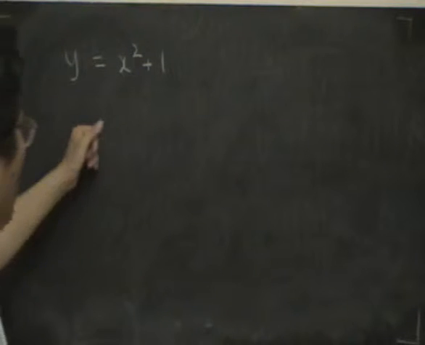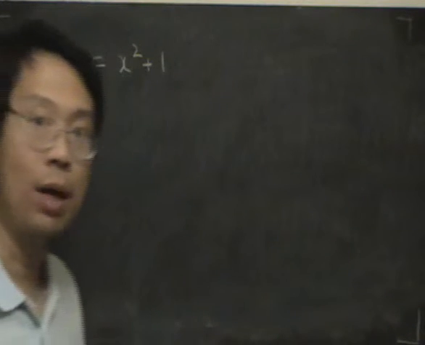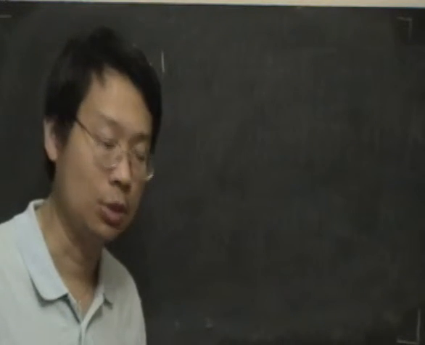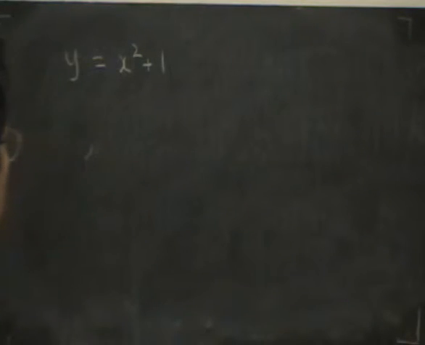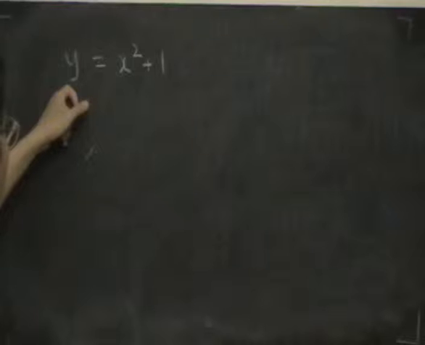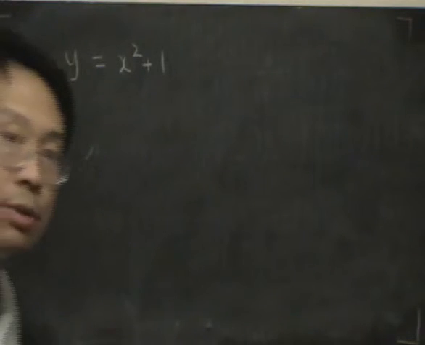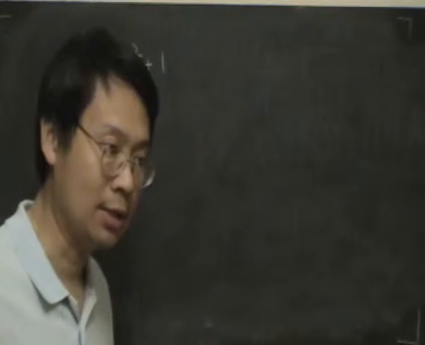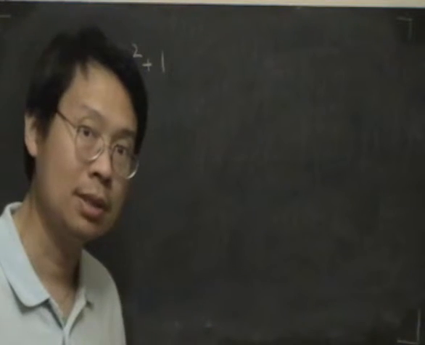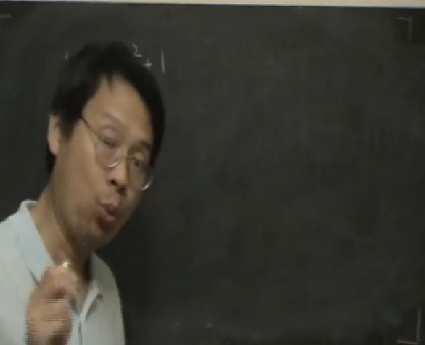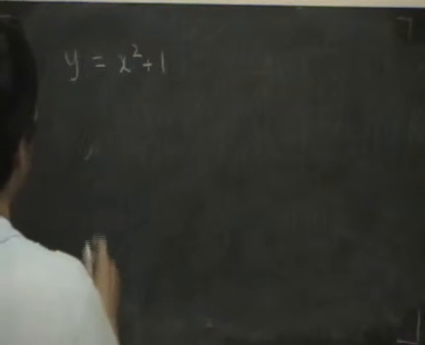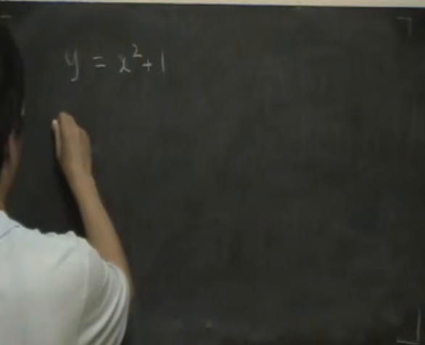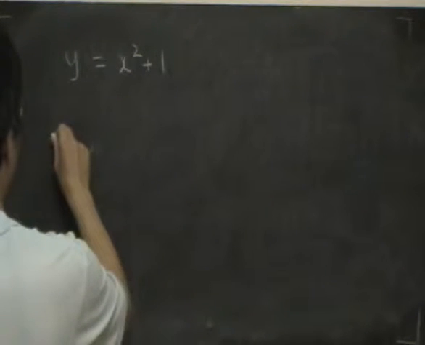The way I can plot a straight line graph of this equation is that instead of plotting y against x, I plot y against x squared. Now, what do I mean by that? To see the idea, let me write down some values.